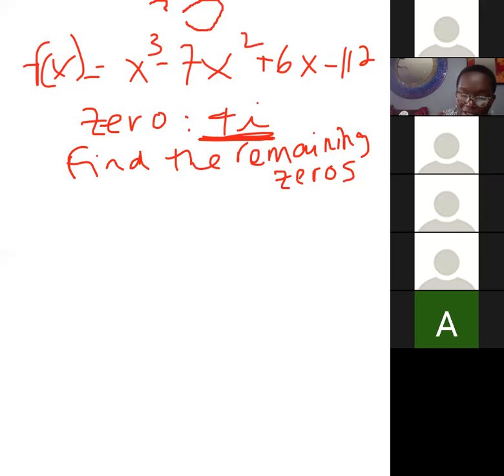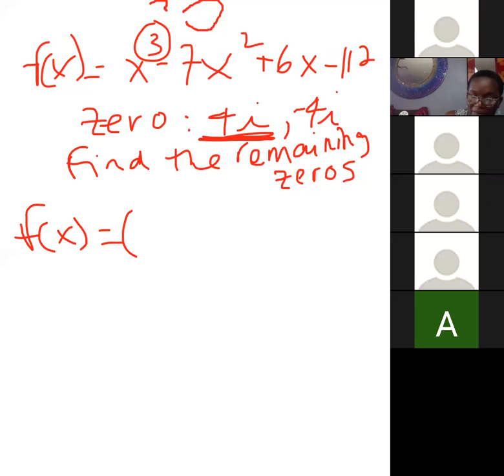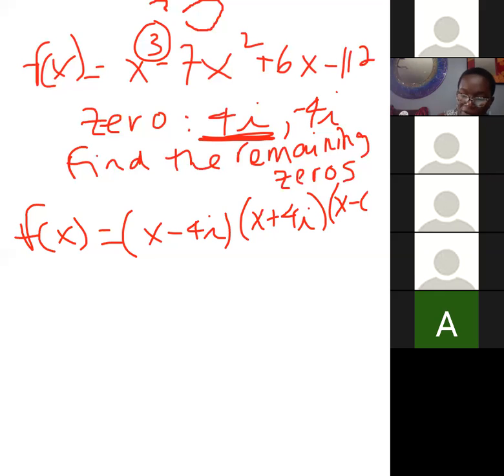So if you have a positive 4i, automatically you have its conjugate, negative 4i. So they're actually giving you 2 zeros. This is a third degree polynomial. So the polynomial is in the form of x minus 4i, that's the 0 they gave you, x plus 4i, that's the conjugate, and then you're missing 1 zero. So your job is to find that one missing zero.